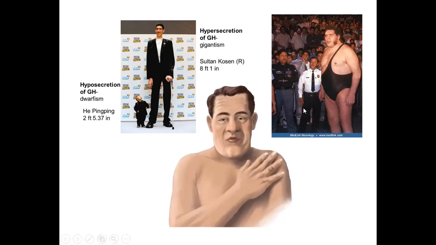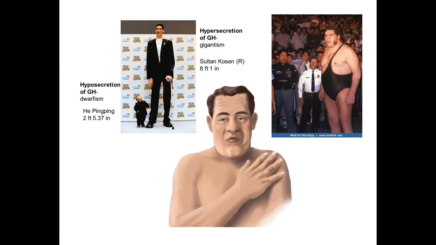Now, the picture on the right, for those of you who were into wrestling, this is Andre the Giant. He was a wrestler and an actor that had acromegaly. And I don't know, he may have had some form of this right before his growth plates closed because he was a really tall guy. But as he got older and his growth plates closed, he continued to have this effect of the growth hormone on his bones.